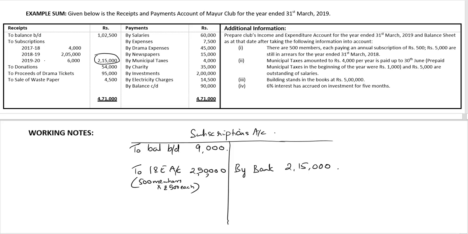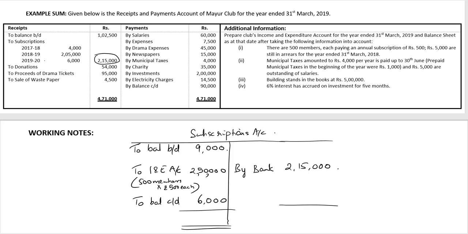From the receipt side, we understand that in the current year, we've received subscriptions pertaining to the subsequent year. So closing subscription received in advance to balance carried down 6,000 rupees. The balancing figure is the closing outstanding subscription.